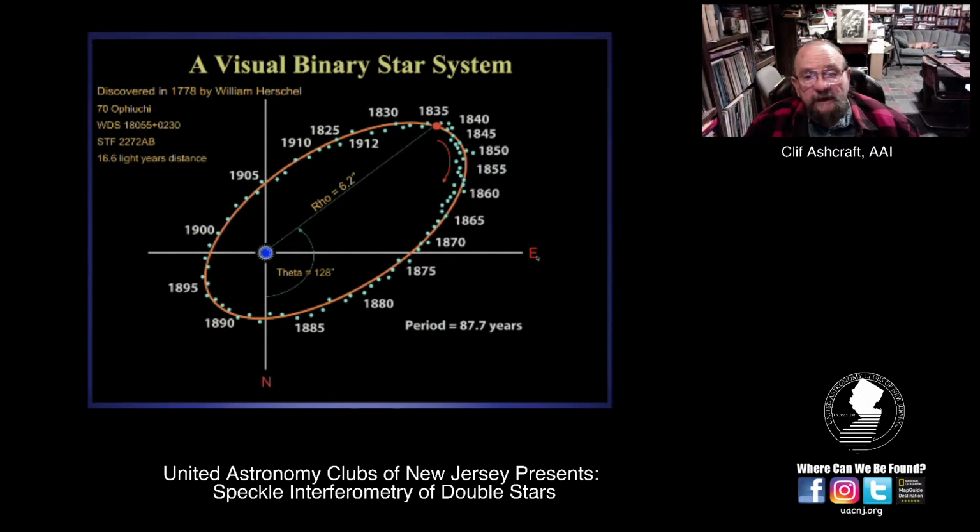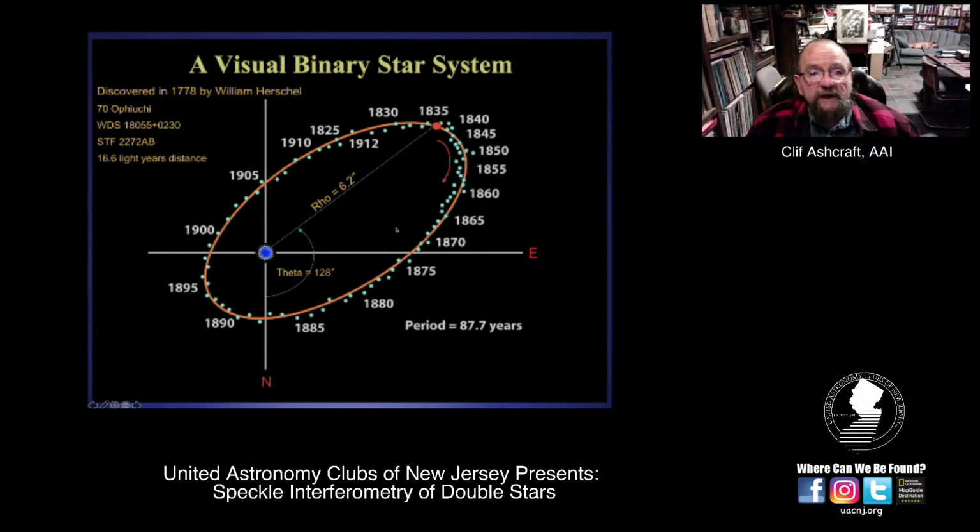The separation is 6.2 arc seconds at its furthest point, but it could get a lot closer than that, around 2 arc seconds, when it swings around at periastron. The position angle, this angle theta, measured from the north by way of the east to the line connecting the two of them, is 128 degrees.